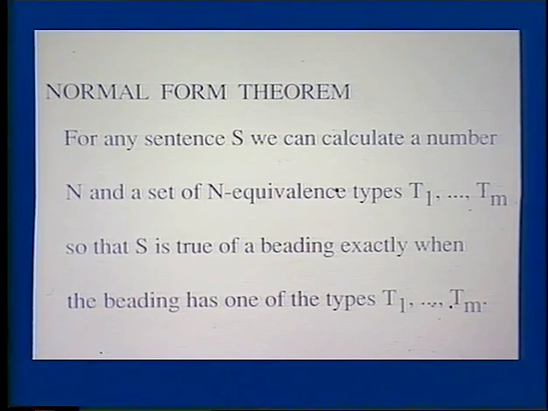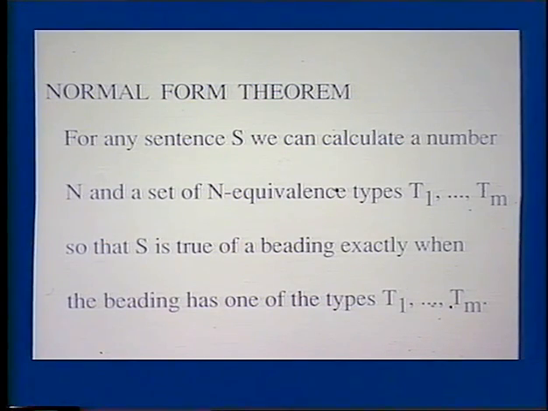Another way of saying the same thing is that if two beadings are n equivalent, then either both of them make the sentence true or neither of them makes the sentence true. And the argument that shows that there is this number actually shows more. It tells you that you can calculate the number from S.